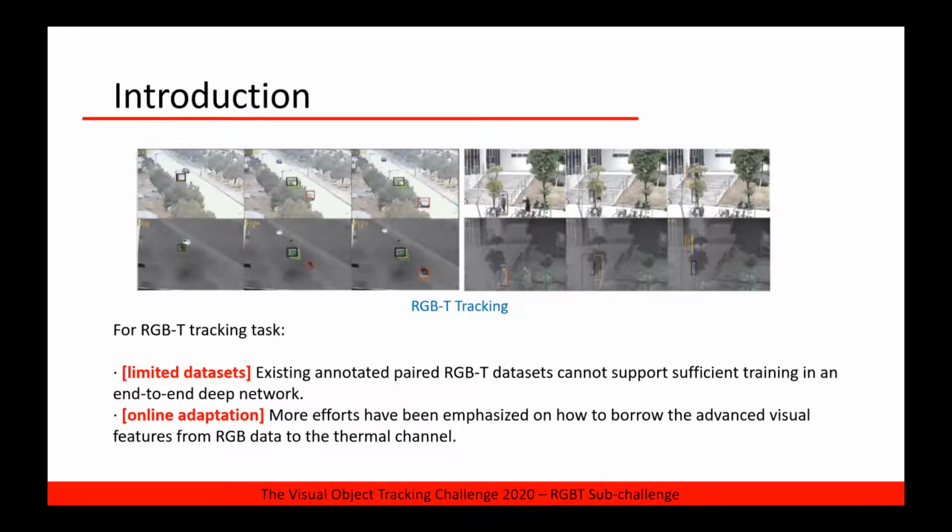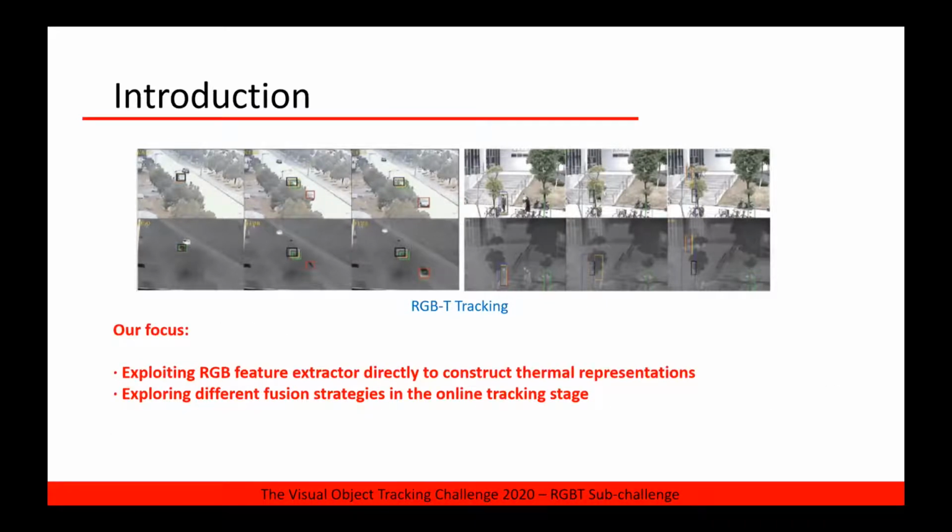Therefore, more attention has been paid to transferring the advanced RGB tracker to construct an RGBT tracker. In principle, our DFAT directly uses the Siamese structure trained from only the RGB data to encode both the RGB and the infrared channels. And we also explored different fusion strategies to improve the RGBT tracking performance.